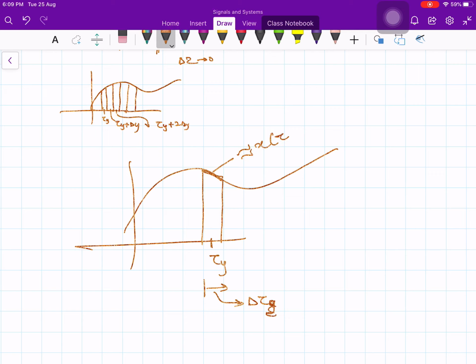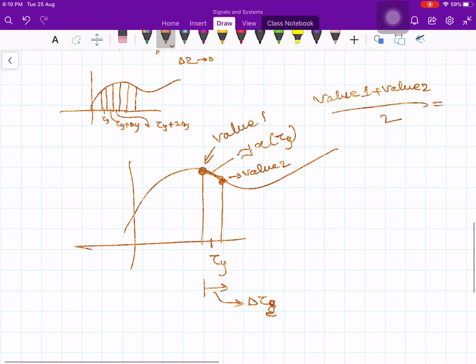Let's say you take the average, because this is some value and this one is something else. Let's say this is value 1 and this is value 2, and take the average of that. Value 1 plus value 2 by 2 is equal to x of tau y.